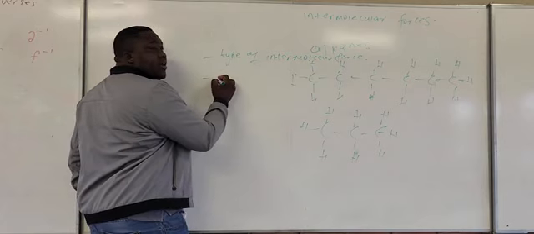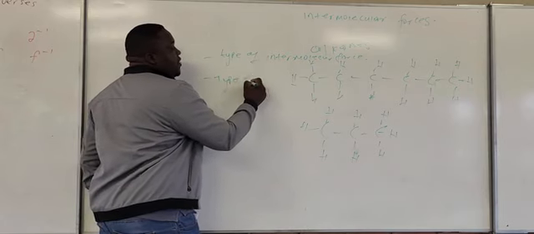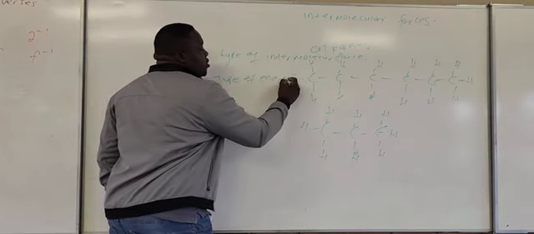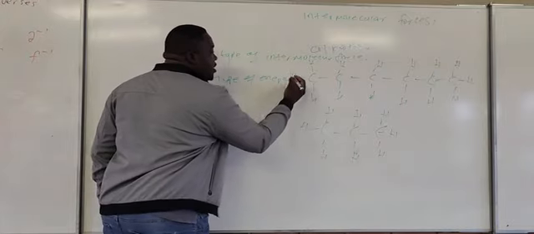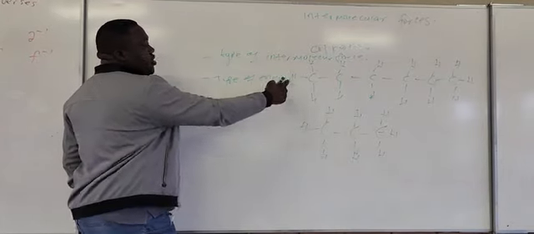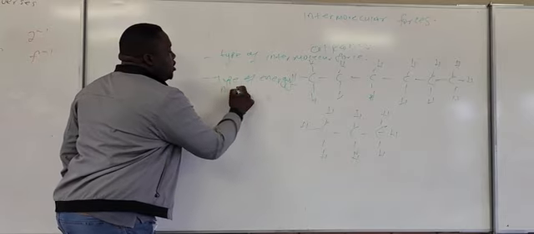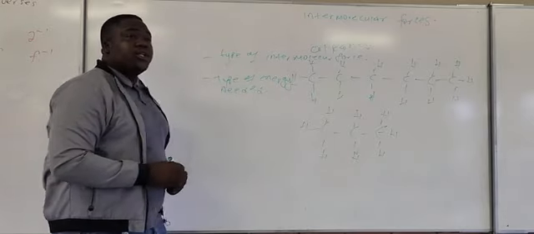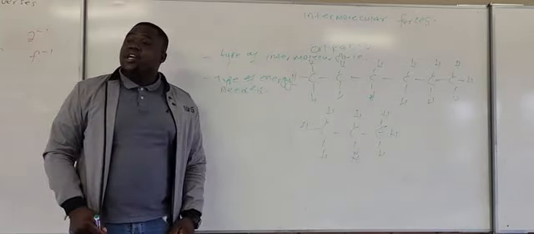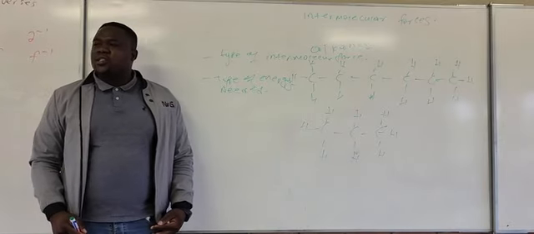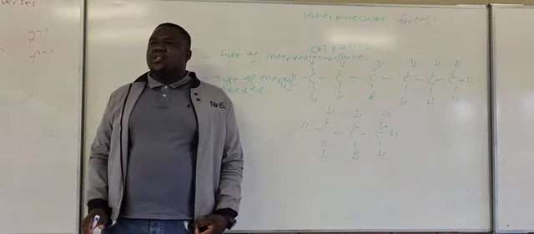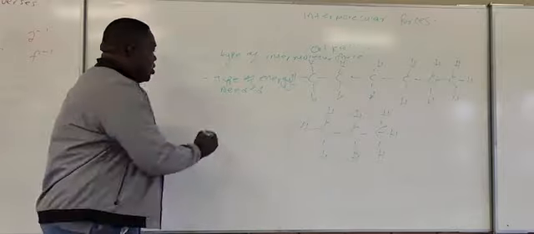Then you talk about the type of energy needed. In other words, you will say that more energy is needed to break the bonds, or less energy is needed to break the bonds.